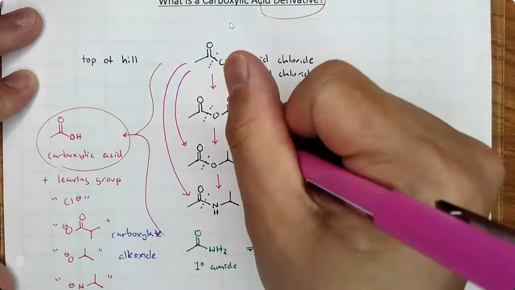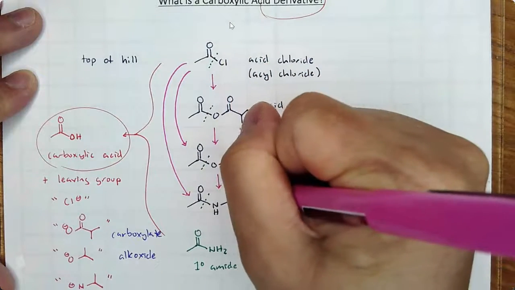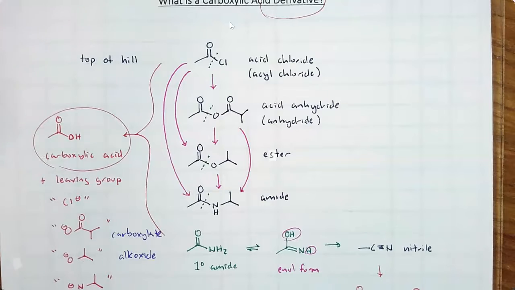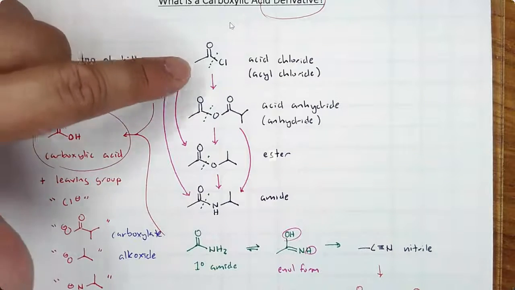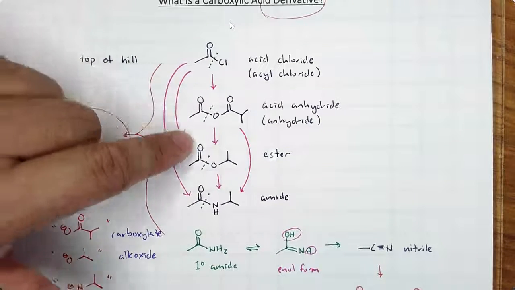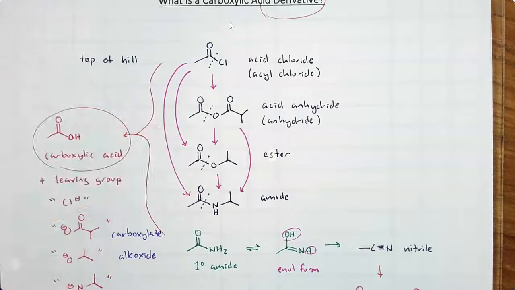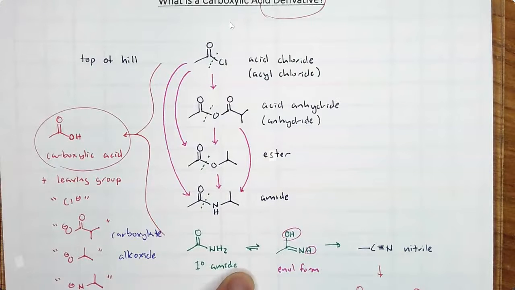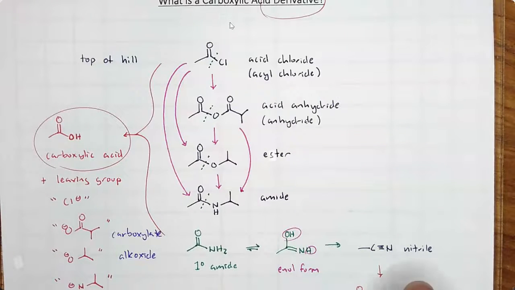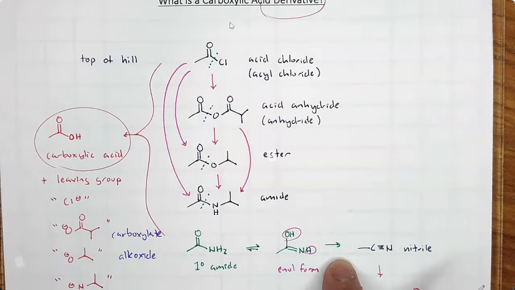We could make this anhydride to the amide. So I think we got all of them. 1, 2, 3, 4, 5, and 6. And then yeah, if we have that primary amide, we can make a nitrile via a dehydration reagent that we'll see much later in these set of videos.